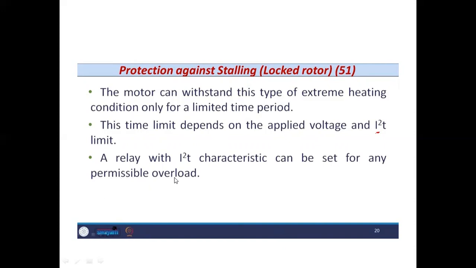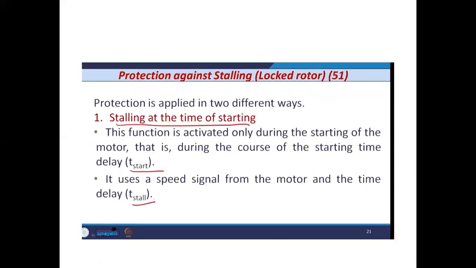The protection in case of stalling is applied in two ways. The first stalling protection is given at the time of starting of the induction motor. The function is activated only during the starting of the motor, that is during the course of starting.